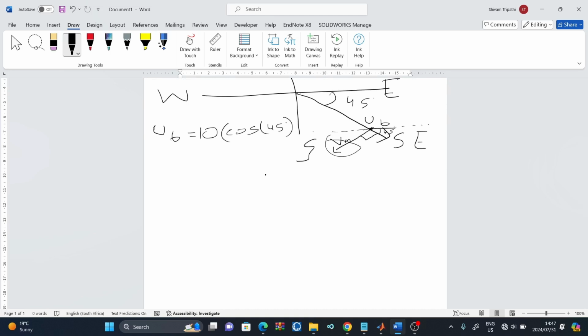Then let me close this. So our both the X and the Y components are going to be something like this. That's our 45 degrees.